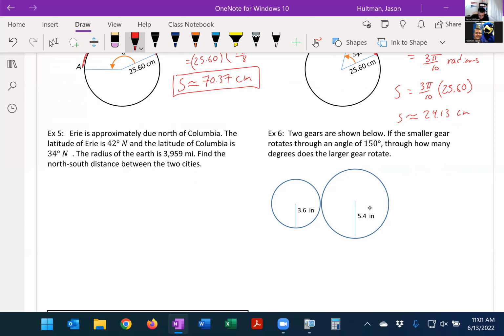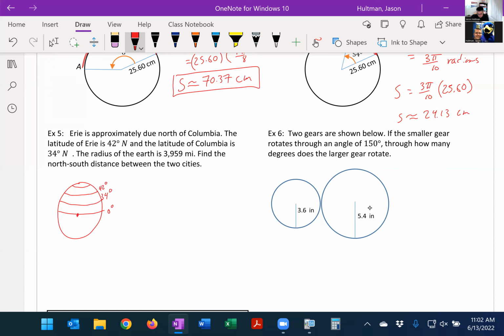What is latitude? Well, if we look at the whole Earth, the latitudes are the lines that are flat. One line of latitude is the equator. That's the largest latitude, at 0 degrees. So the latitude of Columbia is 34 degrees, and the latitude of Erie is 42 degrees.